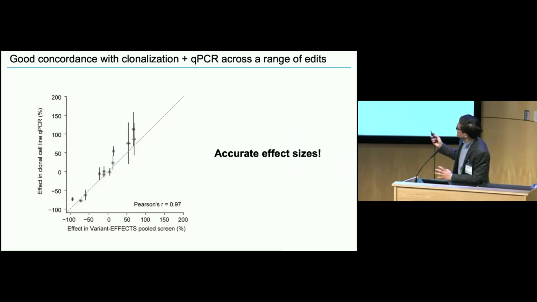So this was very satisfying, and hopefully that means that in the future we don't have to individually edit quite as many of these, and that we can trust the effect sizes that come out of this experiment. If the experiment says that this edit leads to a plus 100% effect on expression, or doubles expression, then we can in fact believe that measurement.